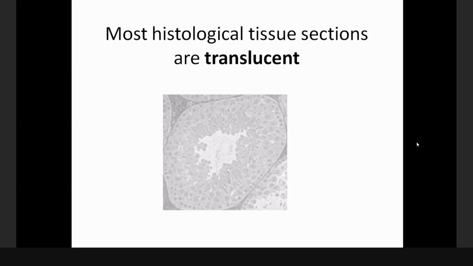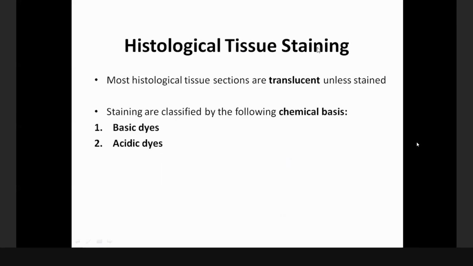So for this purpose, we have what is known as staining. Staining is nothing but imparting contrast to our tissue. It is artificial. We are making artificial coloring. This type of coloring is not present in our tissue. Instead, we are making some artificial color.